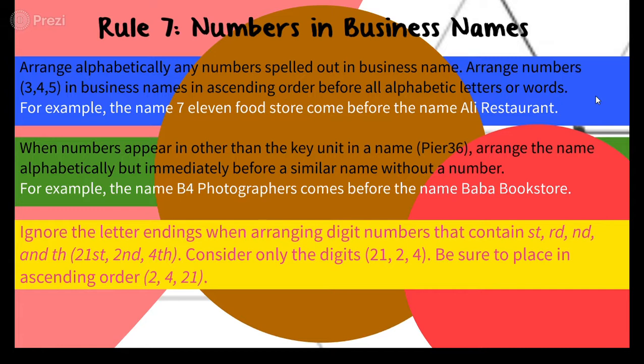The third one: ignore the letter endings when arranging digit numbers that contain ST, RD, and ND, such as first, third, second. Consider only the digits, such as 21, 2, or 4. Be sure to place them in ascending order: 2, 4, 21.